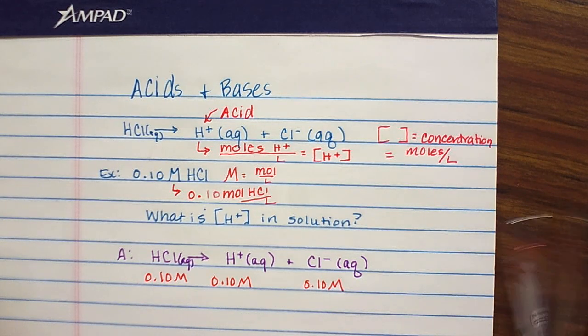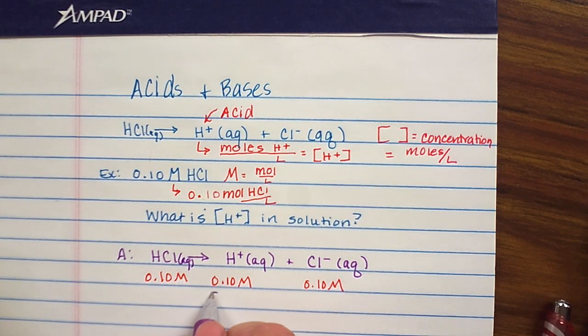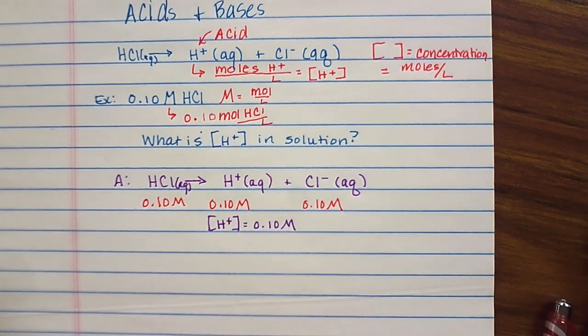So what is the concentration of the H plus? Well, the concentration of H plus is equal to 0.10 molar. Because it's a strong acid dissociation, so 100%.